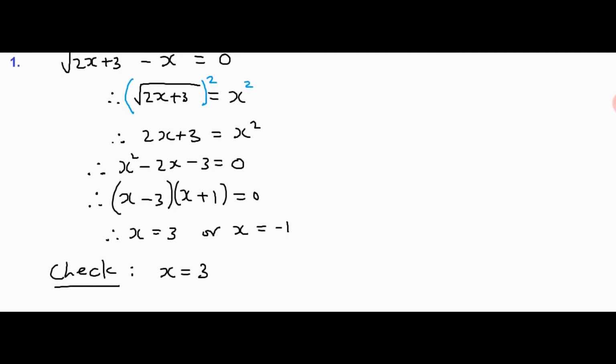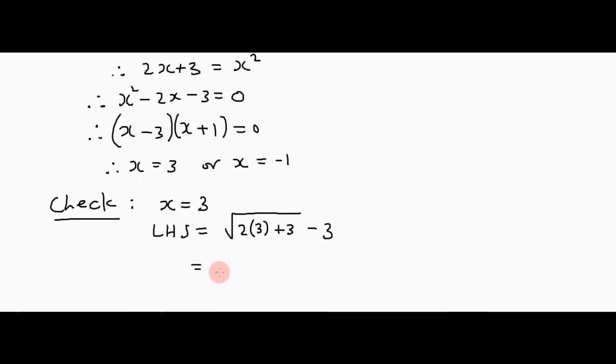So the left-hand side will equal the square root of 2x plus 3, in other words, 2 times 3 plus 3, minus x, so in other words, minus 3. And this is going to be 6 plus 3, which is 9, under the square root.